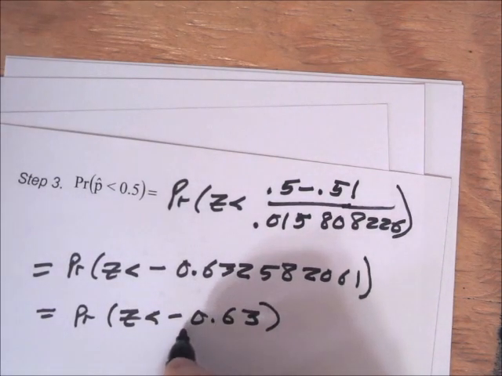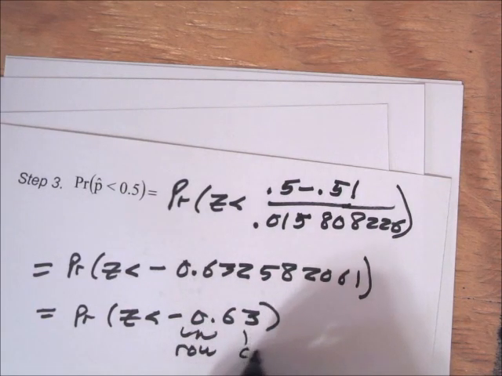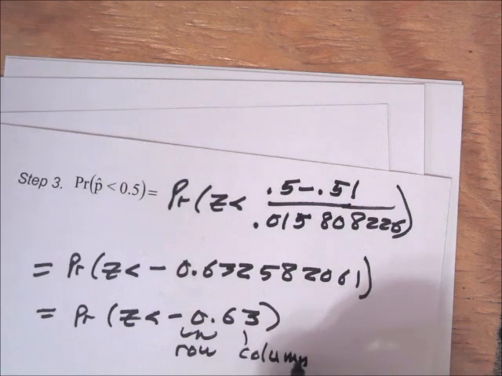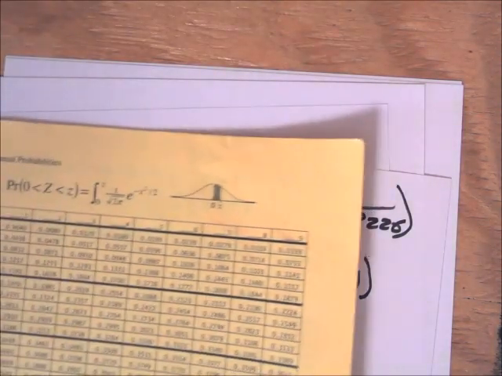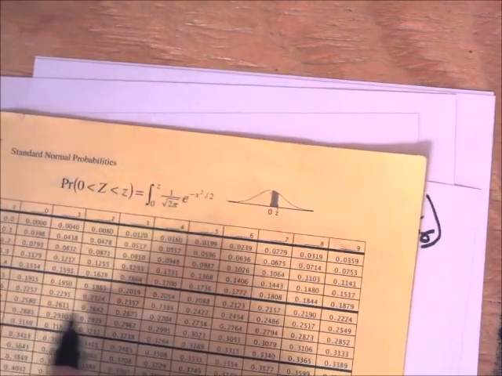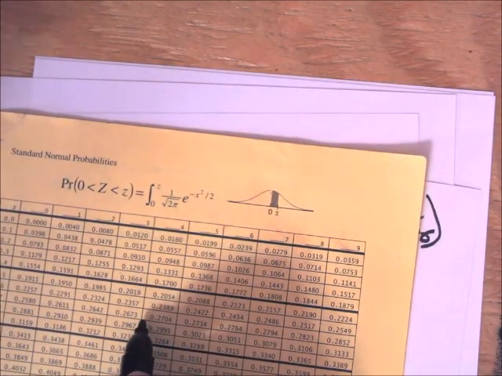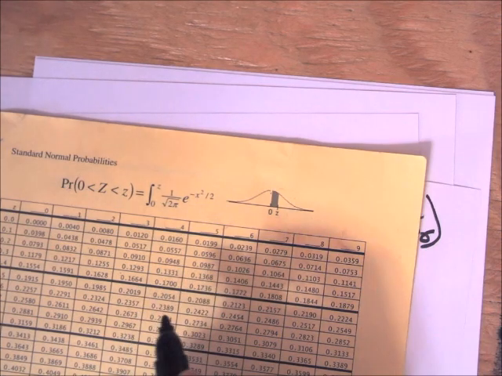So now we want to look at row 0.6, column 3 of the z-table, and I get 0.2357.